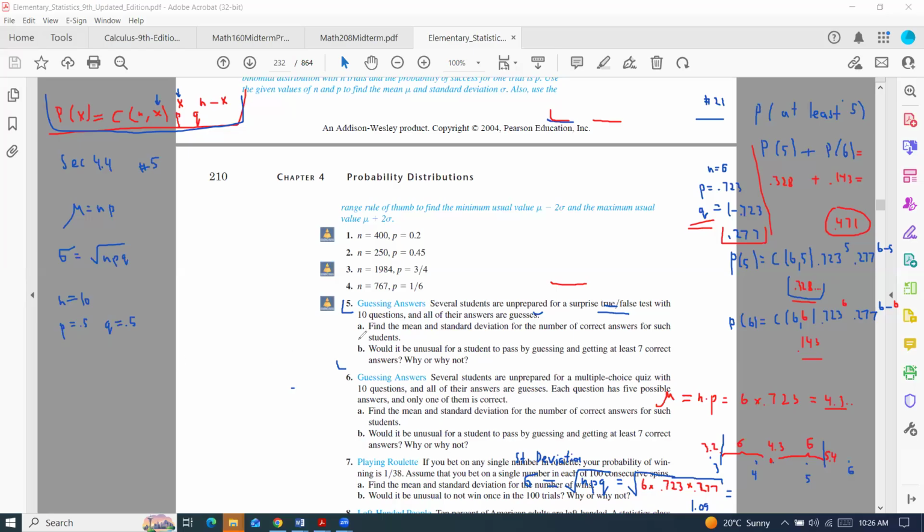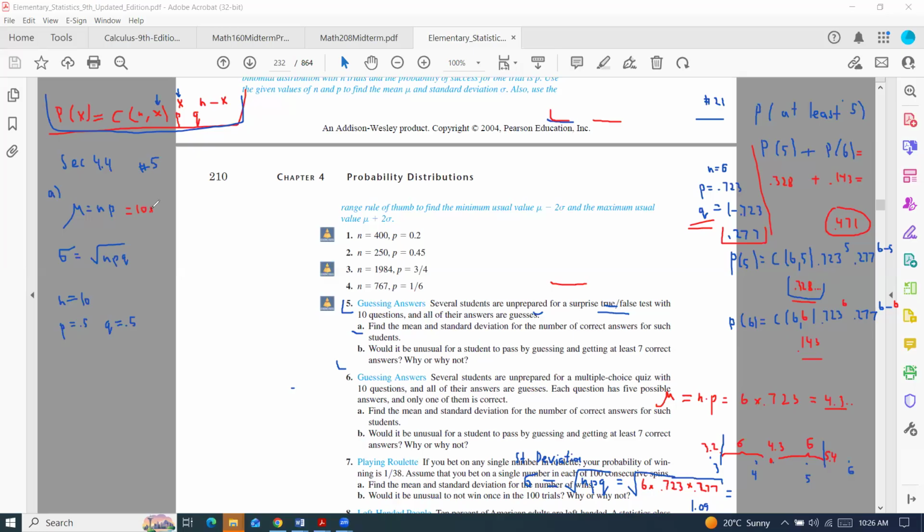So they ask, how about the mean and standard deviation? In part A, for this exercise, they want you to use these two new formulas for the mean and for the standard deviation. So I'm going to use n equal to 10 and take half of it.